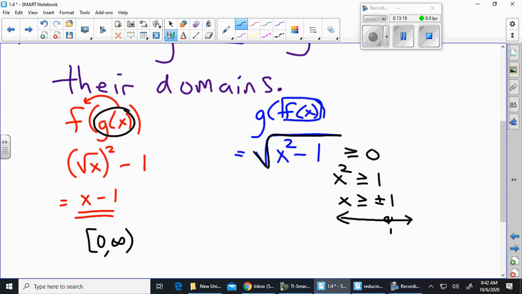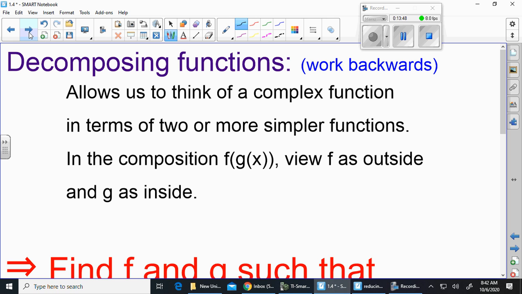So with this, it's that stuff and that stuff. That's not negative infinity to infinity. That's negative infinity to negative 1, and 1 to infinity. So that's everything, but the stuff between negative 1 and 1 won't work. So you really have to be careful with that.